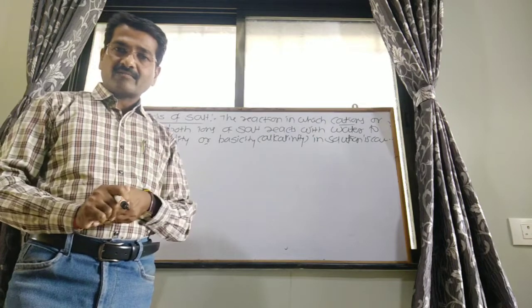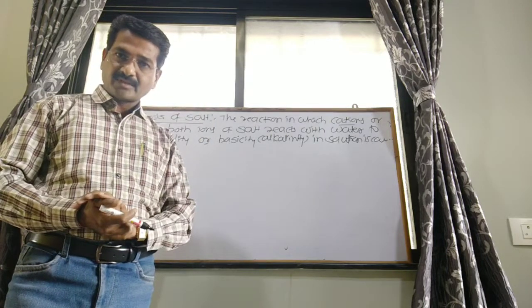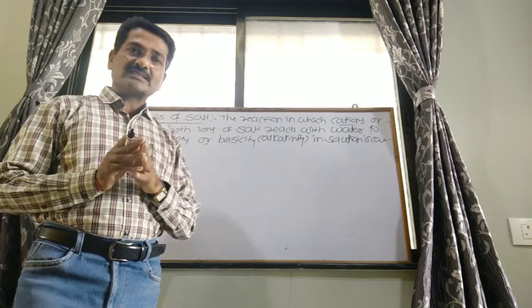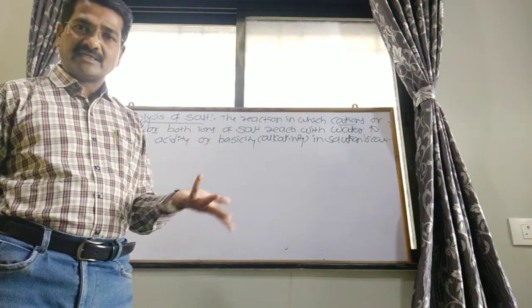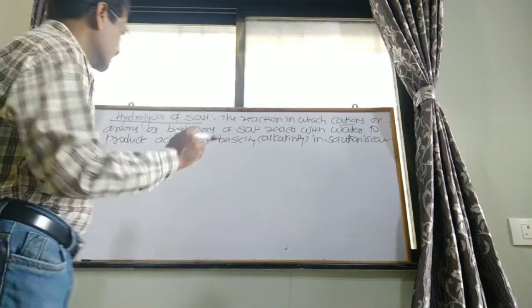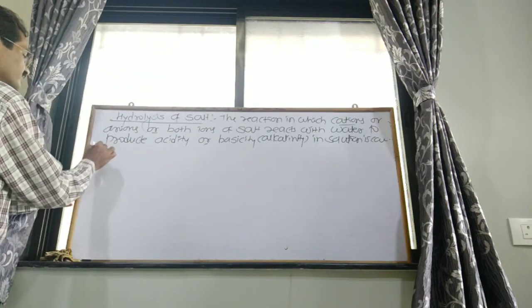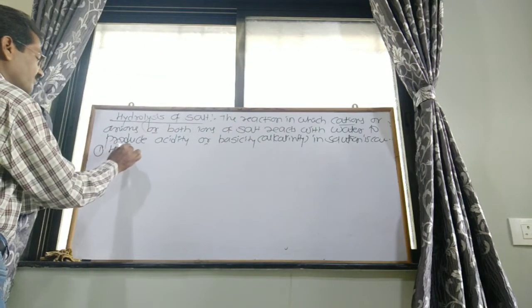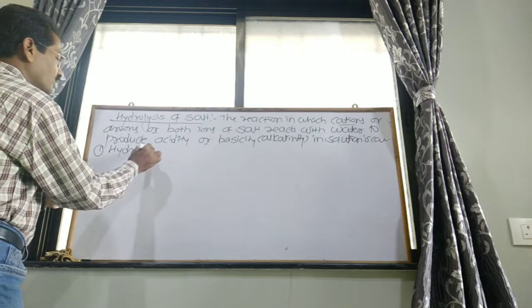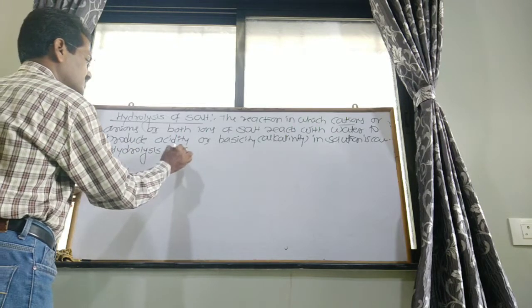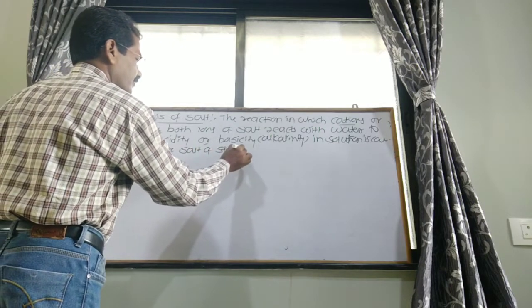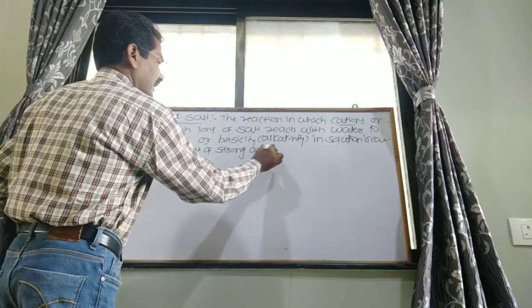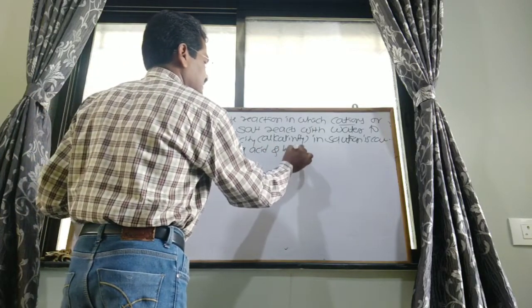We know there are 4 types of salts. All these types of salts undergo hydrolysis, and then produce acidity or basicity. First type of salt: hydrolysis of salt of strong acid and weak base.